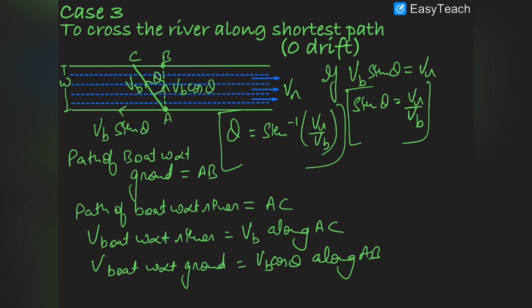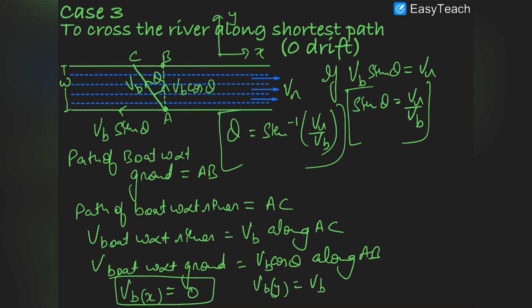So if this is x-axis and if this is y-axis, then the velocity of boat in x-axis, and when I am writing that velocity of boat in x-axis, it automatically means that this velocity is with respect to ground. So in x-axis the velocity of boat would be 0, and in y-axis the velocity of boat would be equal to Vb cos theta. Okay, so this is the velocity of the boat. So I hope you have understood this concept.